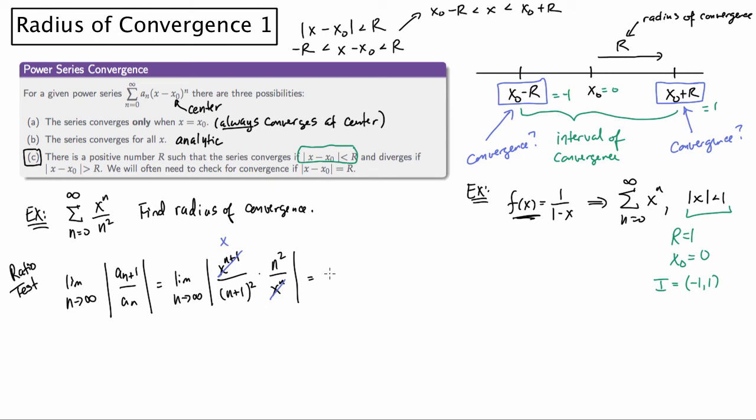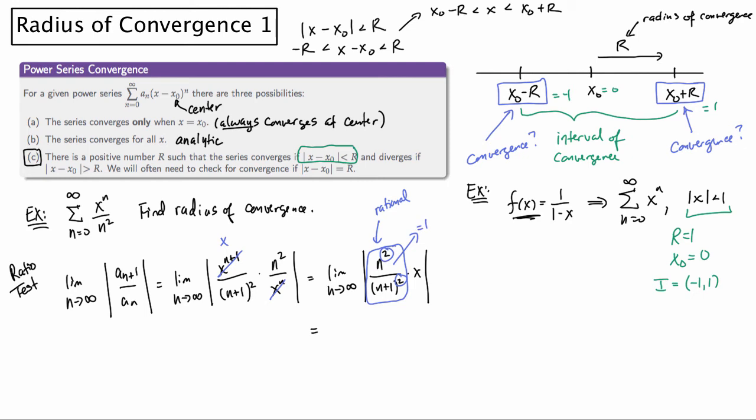So this would be the limit as n goes to infinity of the absolute value of n squared over n plus 1 squared times x. If I take the limit as n goes to infinity of this, because this term is rational with the numerator power equal to the denominator power, it's the ratio of the leading coefficients, so the limit of this is going to be equal to 1.